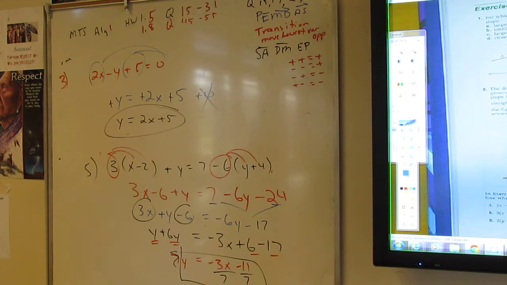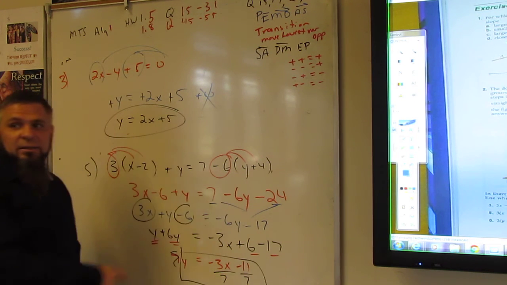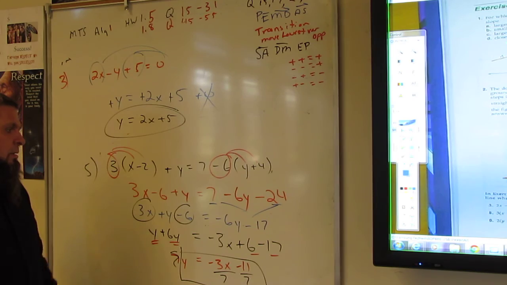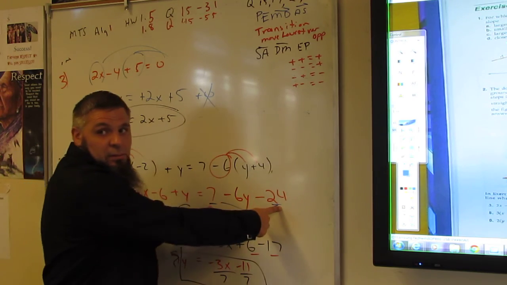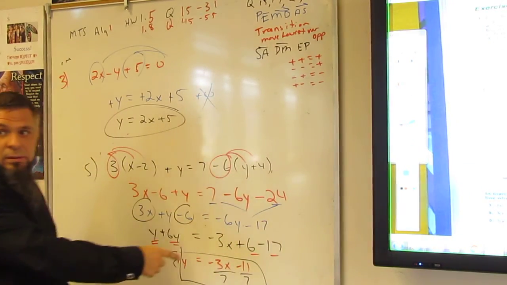We're done. Y equals mx plus b. What the heck? Whoa. You kind of lost me. I understood how you got the x value and the y value, but how'd you get to negative 17? Because I thought negative 24 minus 6 is negative 30 plus 7 is negative 23. Ah, but the 6 is 6y. He's not combining the one on that side yet. He's just combining this, the positive 7 and the. Okay.